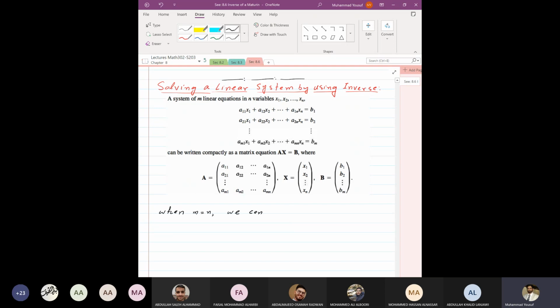If it is not a square matrix, then the inverse is not defined for non-square matrices. So only for a square matrix.